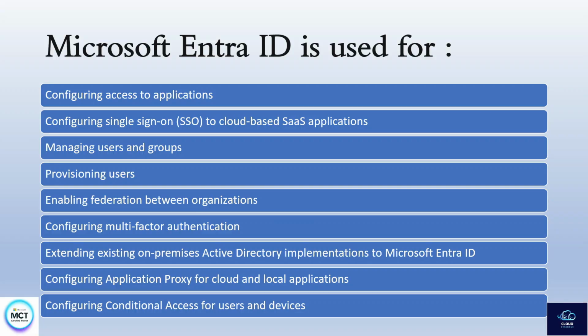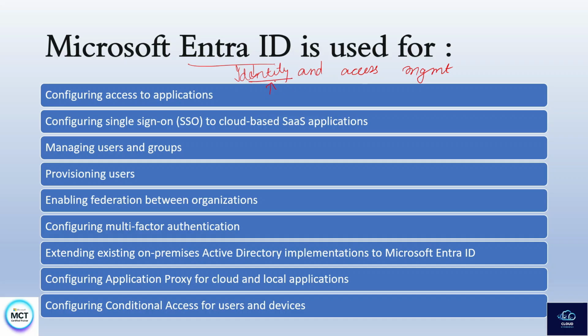Now let's get started with Entra ID. Since we talked about Entra, which has multiple services combined together, Microsoft Entra is used to have identity and access management within the Azure portal. So when we talk about identity and access management, what does it mean?